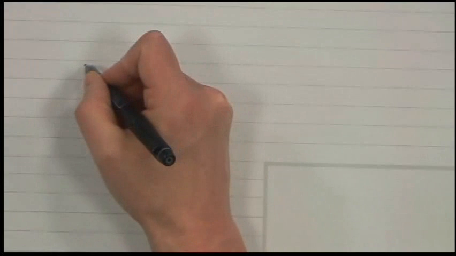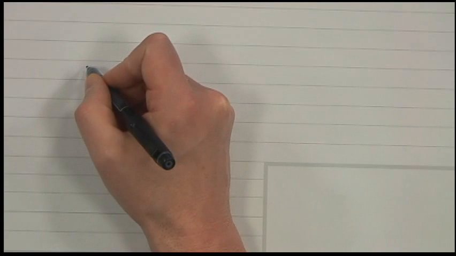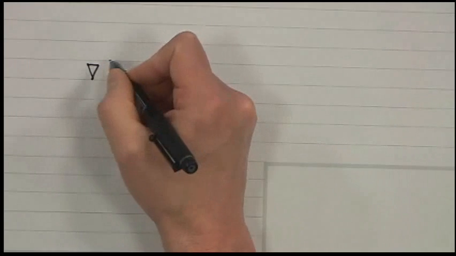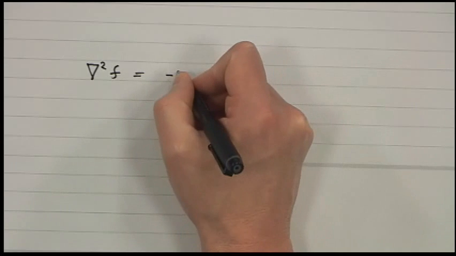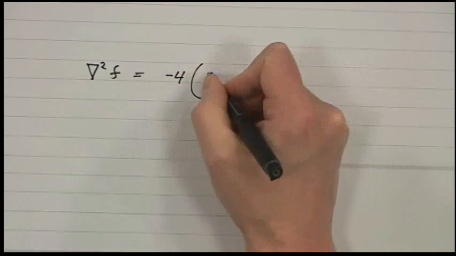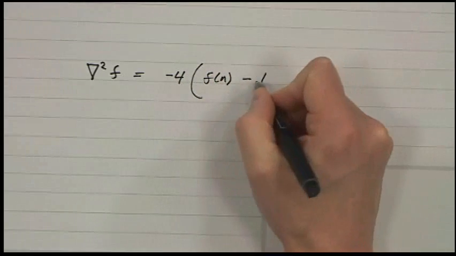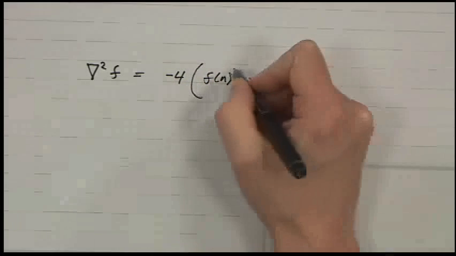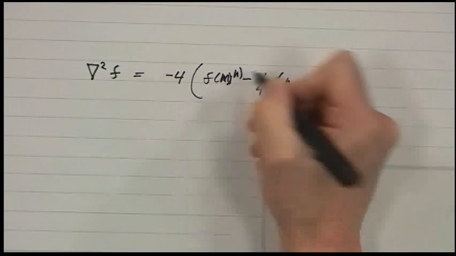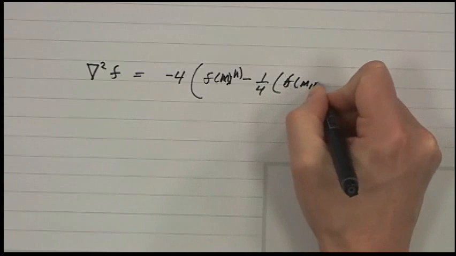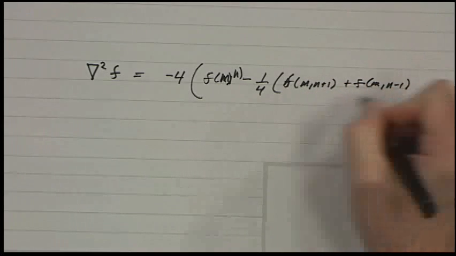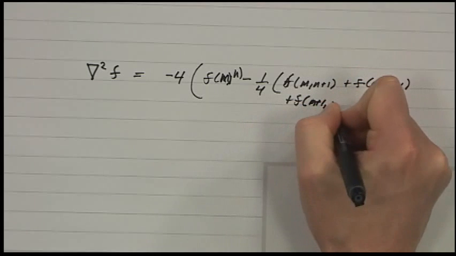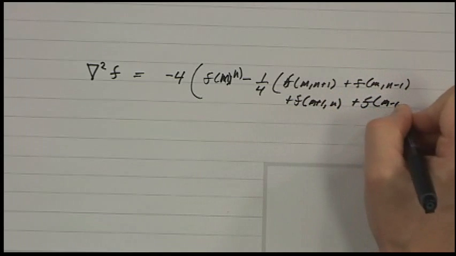So the Laplacian of f is equal to, I think, -4 times f of m, n minus 1/4 times f of m, n plus 1, plus f of m, n minus 1, plus f of m plus 1, n, plus f of m minus 1, n.